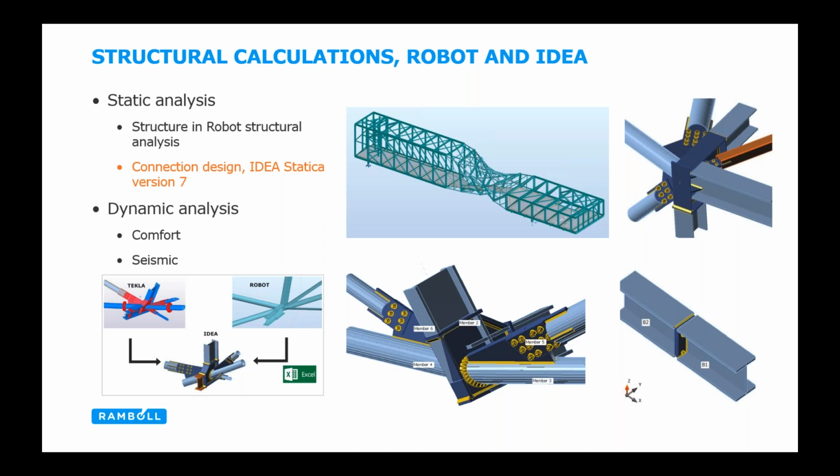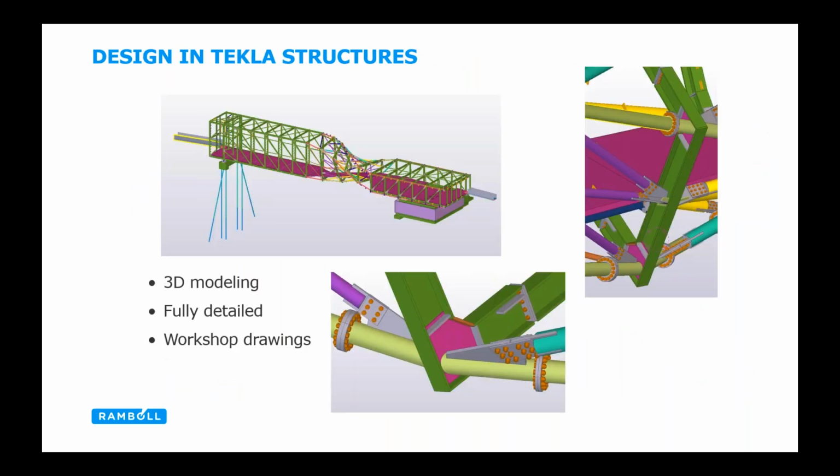Even some of the connections are very, very simple and standard, but Ramboll engineers also took advantage of IDEA StatiCa to design and code check those. All right, enough of that.